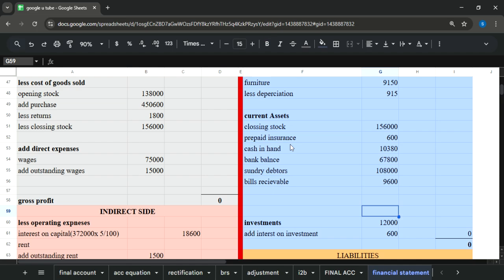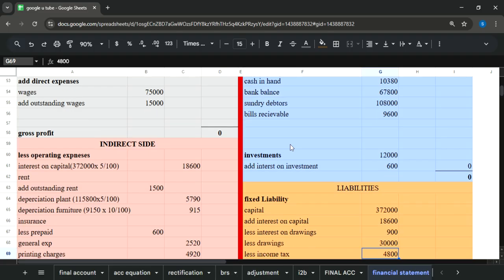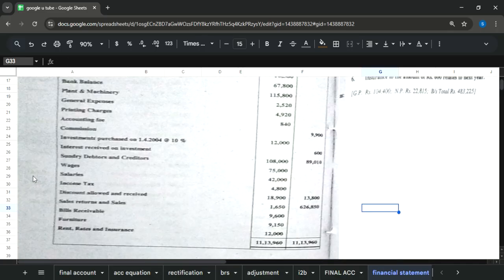and we will be careful because insurance and rent both are given at the same place. So this is a little bit of a hurdle. Once again I will let you know, look here, rent, rates and insurance.